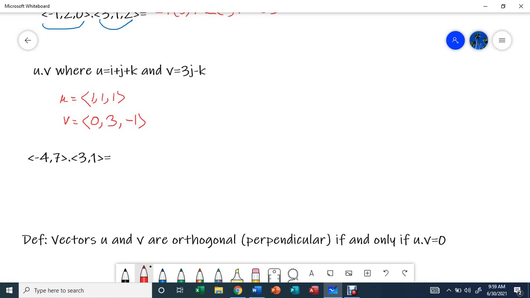Now let's do the dot product of these two vectors. 1, 1, 1 dot 0, 3, -1.